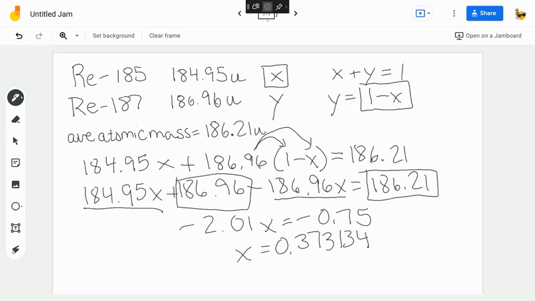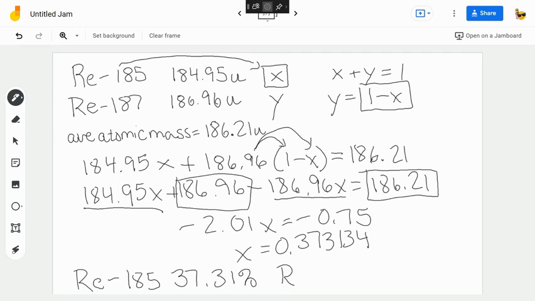What that means is my percent, remember the percent of rhenium-185 is x. My percent of rhenium-185. What's the easiest way to figure out what the percent of rhenium-187 is? So I can plug in x, which is 0.373134.